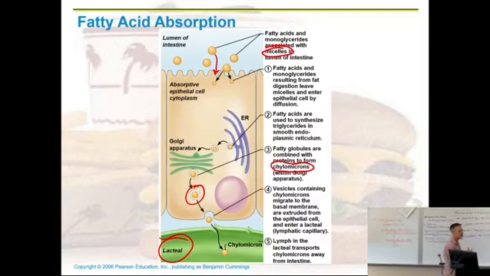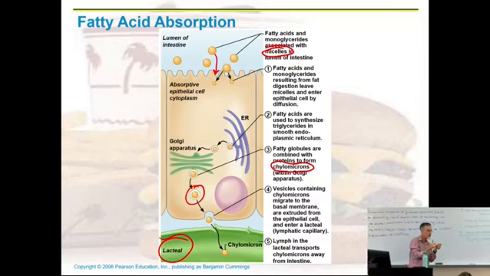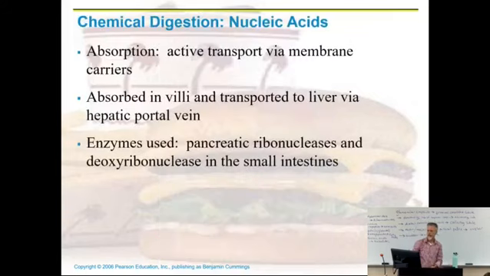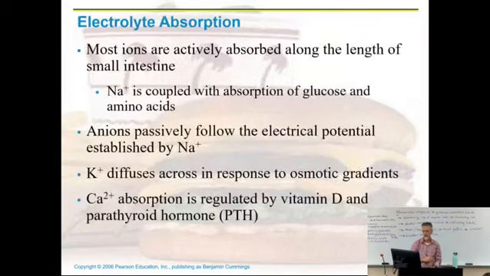We still need to know the enzymes, but don't forget about the bile salts. And when we're absorbing it, it's about those micelles putting it into the cell, and the chylomicrons putting it into the lacteal. Okay? And then nucleic acids, those enzymes are mainly from the pancreas, pancreatic enzymes, ribonucleases and deoxyribonucleases.